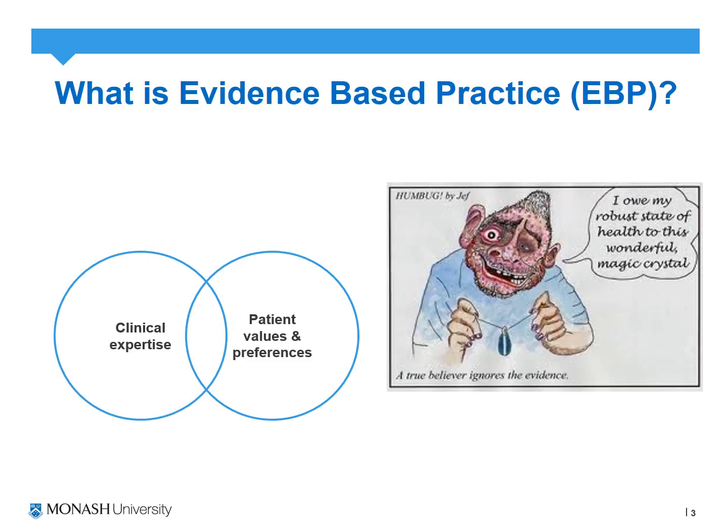Integrating that with the patient values and preferences, because at the end of the day, it's the patient's body, so they've got full rights in terms of what decisions they want to make. But hopefully what we want to do is inform this decision making by the best available evidence.